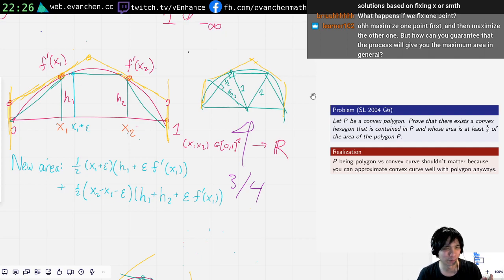Possibly at the endpoints, but the endpoints suck. So I'm going to look at a local max. If it turns out to be at the endpoints, something's wrong, I think. So I'm not maximizing one and then the other. I'm actually maximizing both simultaneously, and this is a thing I can do because of compactness.